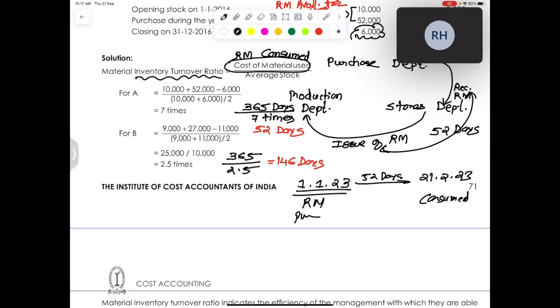While in case of raw material B, the time interval between receipt of order and the consumption of raw material is 146 days. So we can safely assume that raw material A is a fast moving raw material as compared to raw material B.